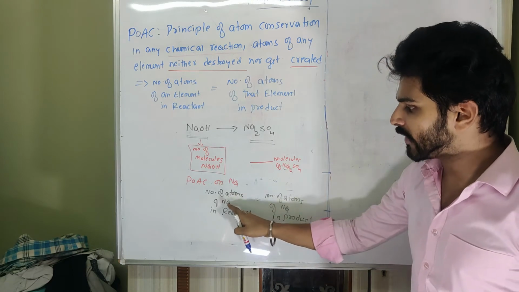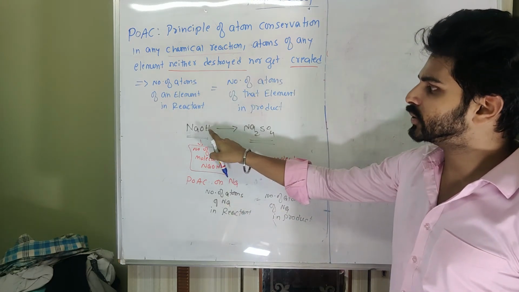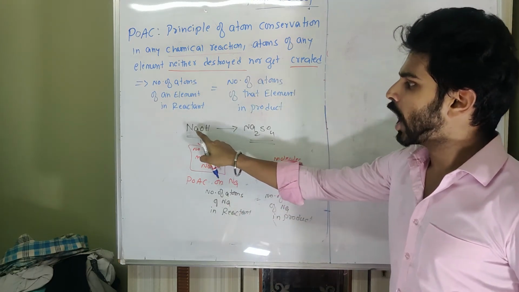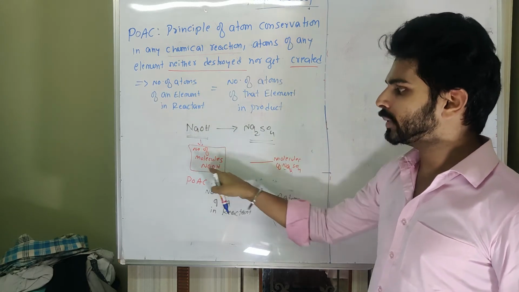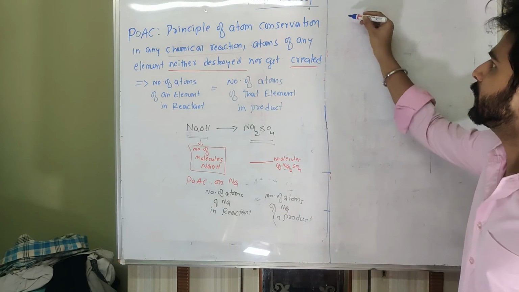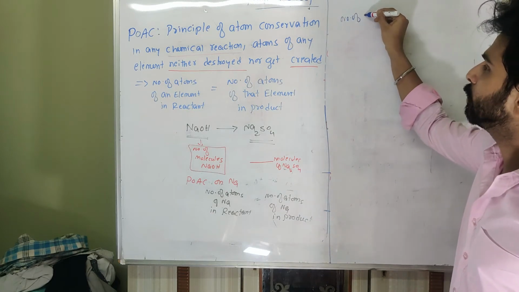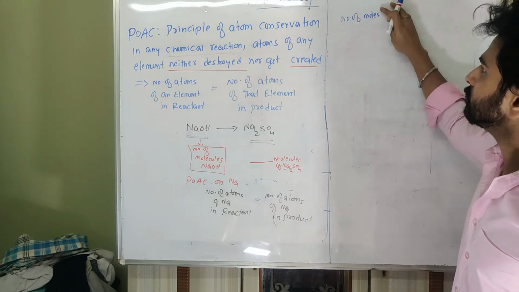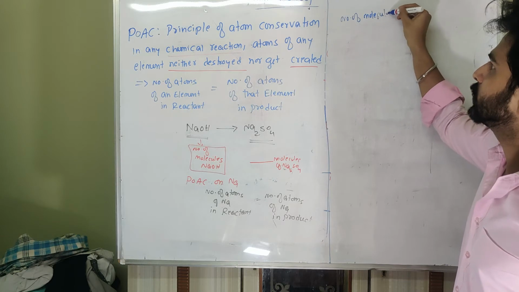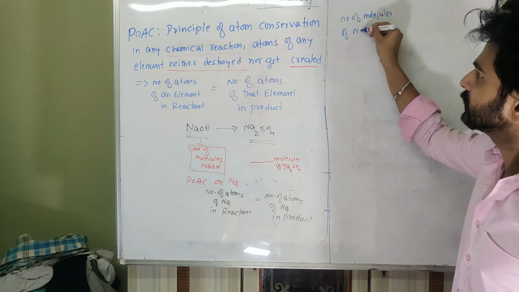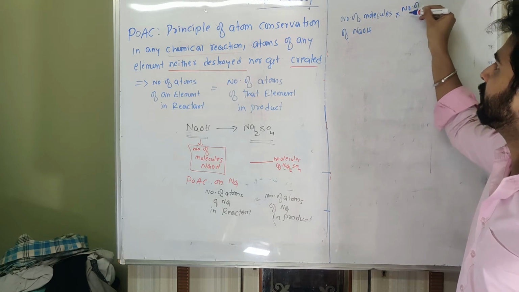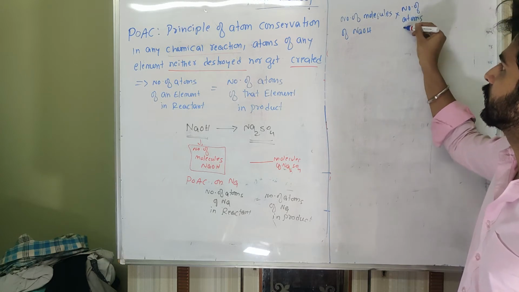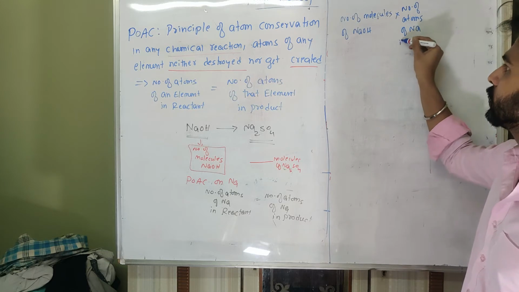To find the number of atoms of sodium in NaOH, I need to find how many atoms of sodium are present in one molecule, multiplied by how many molecules are given. So the number of molecules of NaOH is multiplied by the number of atoms of sodium in one molecule.